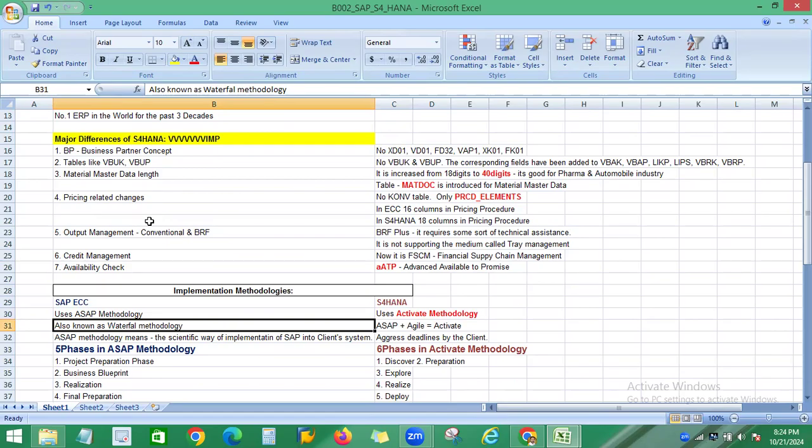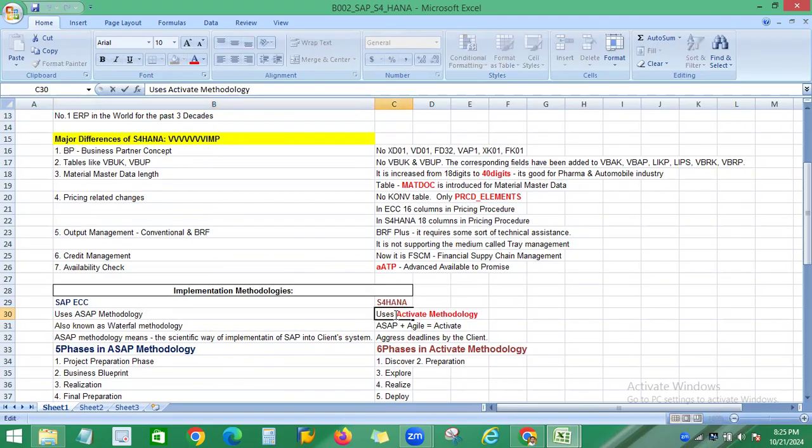Whenever the project is completed or about to complete, only then can we find what went wrong. However, in S/4HANA we use the Activate methodology. Activate methodology is the ASAP methodology plus agile.